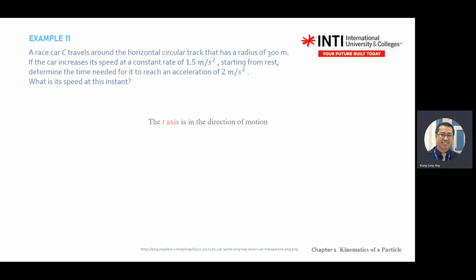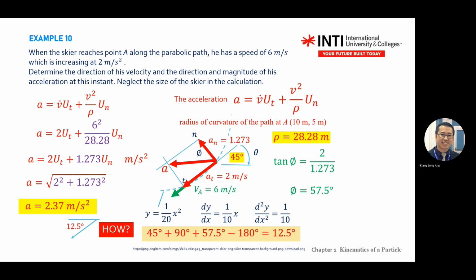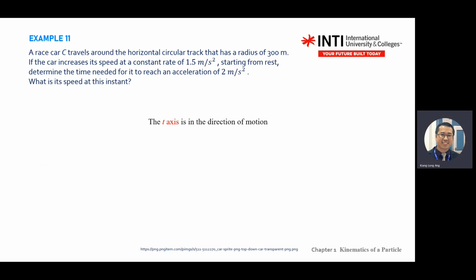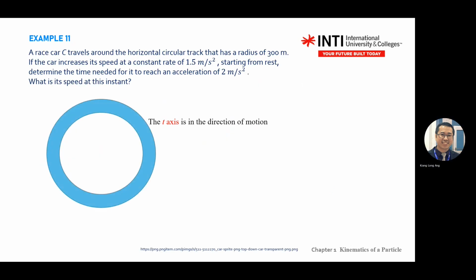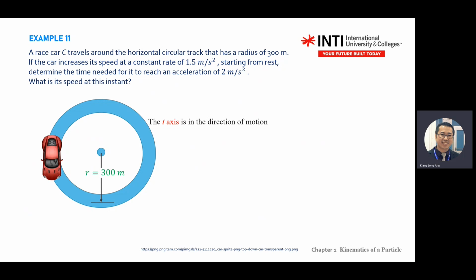Example number 11. Okay, so this one comes up many times in my assessment questions. I love to ask you about curvature motion. So pay attention. There's a car moving along a circular track.